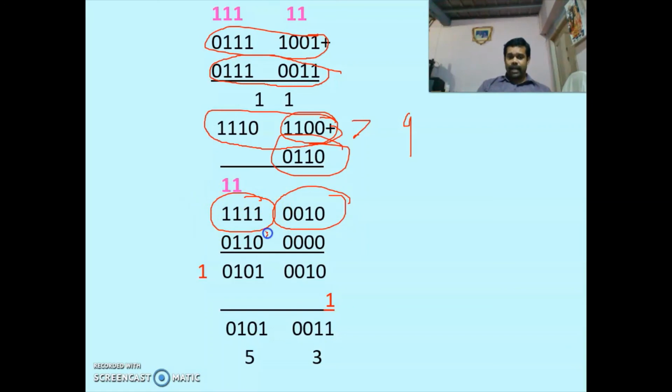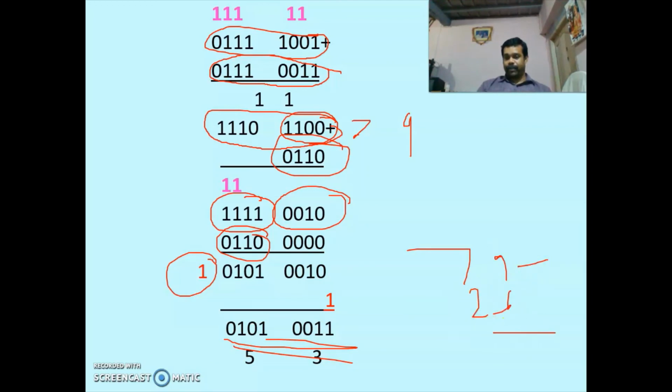So again we have to add a 6. So we are adding a 6 and we are getting a carry here. So this carry again we are adding to this number. So we are getting 53. So 79 minus 26 is 53. So we have got the answer.